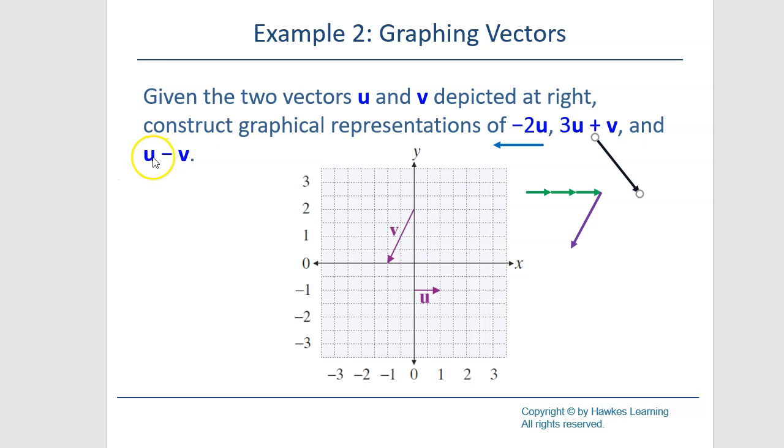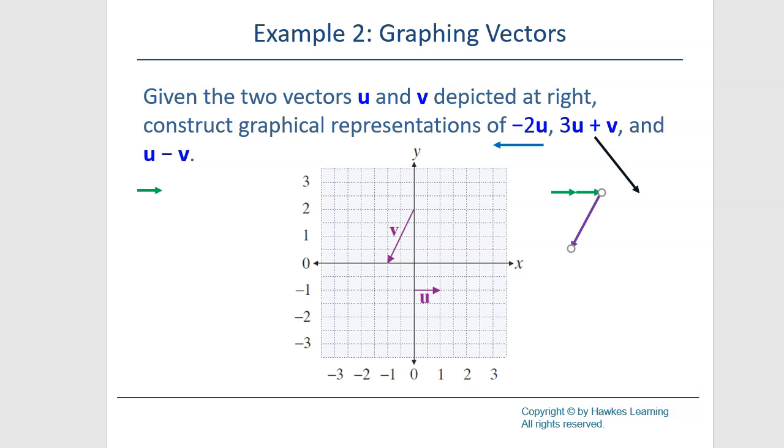All right, and then finally for the last one, we need 1 u, and again, this is a u right here. So 1 u minus v. So this is v. So basically, what happens if you negate it? It's like rotating it 180 degrees.